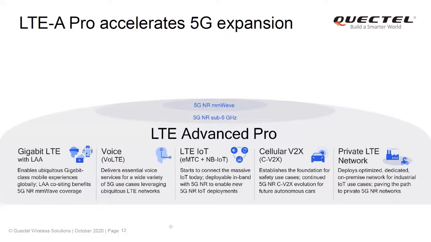Cellular V2X, which means technology to communicate from car to car, from car to infrastructure, like car to traffic light, car to buildings, charging stations, or even private LTE networks.